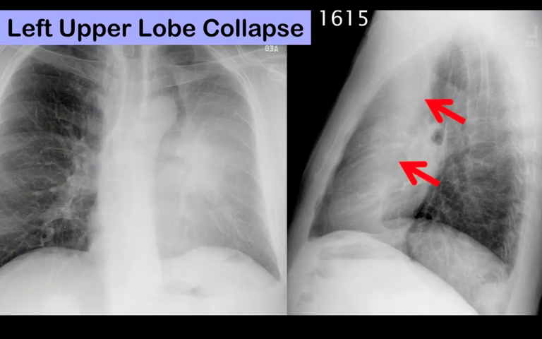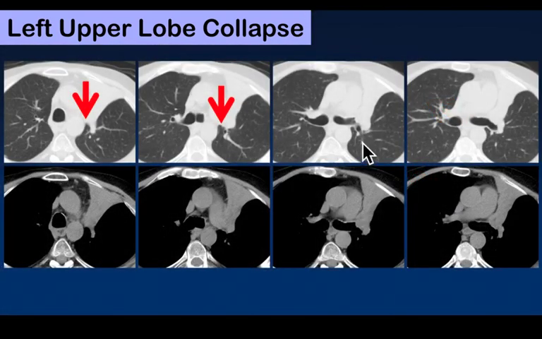See on the lateral view the anterior displacement of the major fissure with the opaque left upper lobe in the retrosternal region. CT scan confirms the presence of a central mass, as you can see here, but the red arrows point to the insertion of the superior segment of the left lower lobe between the collapsed left upper lobe and the proximal descending aorta.